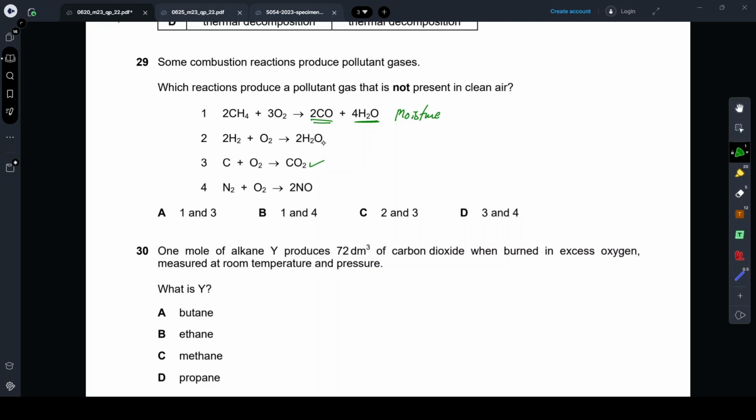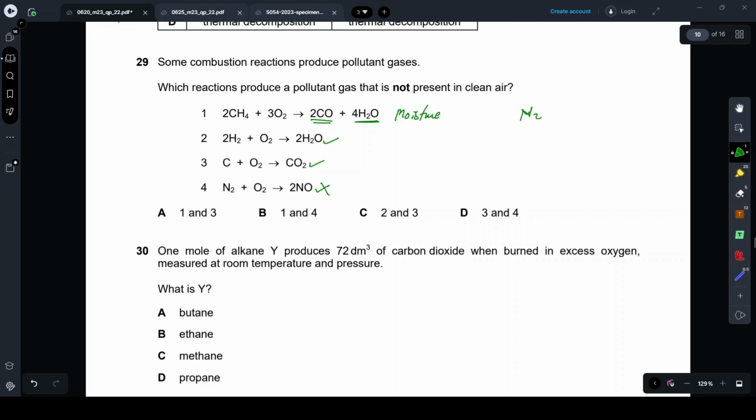And then obviously water moisture is something that you do find in air, right? Carbon monoxide is not something that you would normally find in air, and oxides of nitrogen are also not something that you would normally find. So nitrogen on its own is present in air. It makes up the majority of air, right? Not oxides of nitrogen.